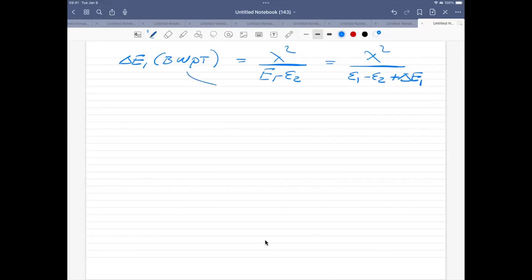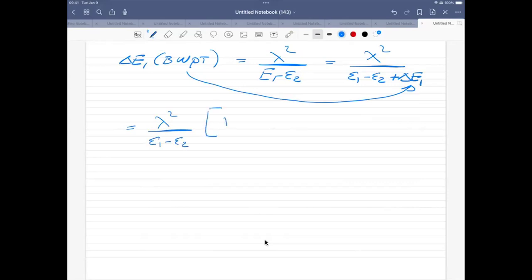So I'm skipping this BWPT in here because these are the same terms here. So what I obviously can do now is to perform a new perturbative expansion. I can pull out a term lambda squared divided by epsilon 1 minus epsilon 2 here. So I can actually rewrite this as lambda squared over epsilon 1 minus epsilon 2.